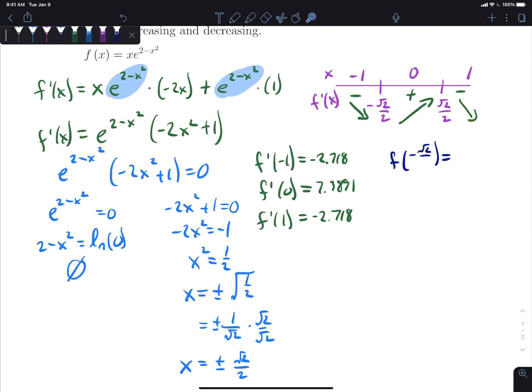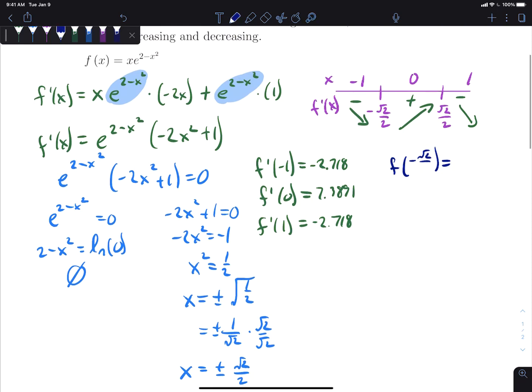So for negative root 2 over 2, the original function value, if you type it in, negative square root of 2 divided by 2, is going to give me the value of negative 3.169 to 3 decimal places.